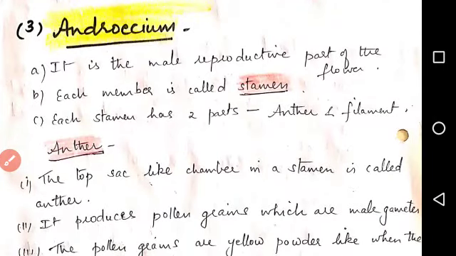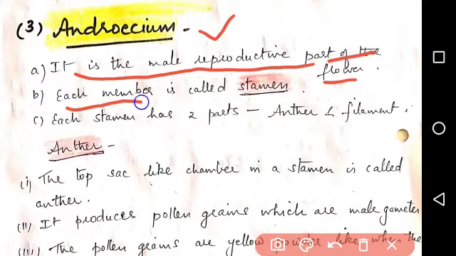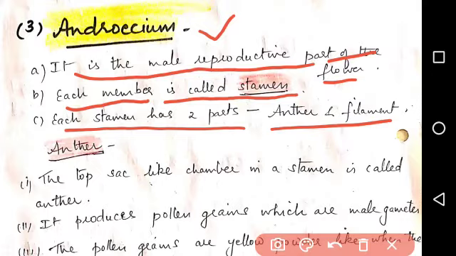Androecium. This is the third whorl of the flower. It is the male reproductive part of the flower. Each member of this whorl is called a stamen. Each stamen has two parts, anther and filament.